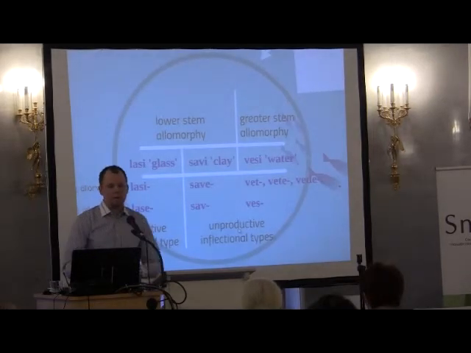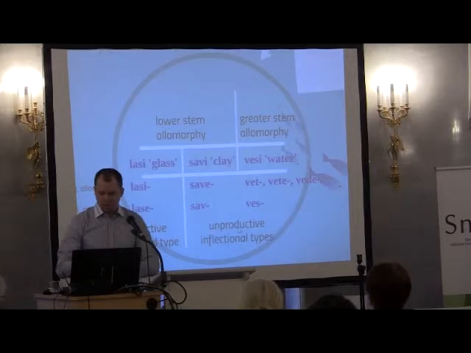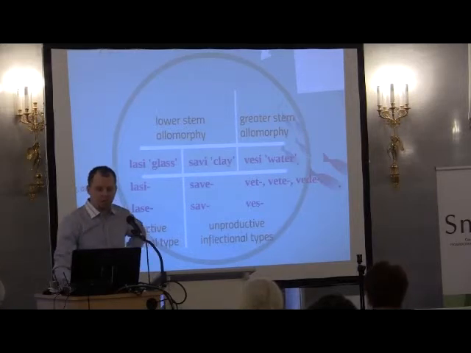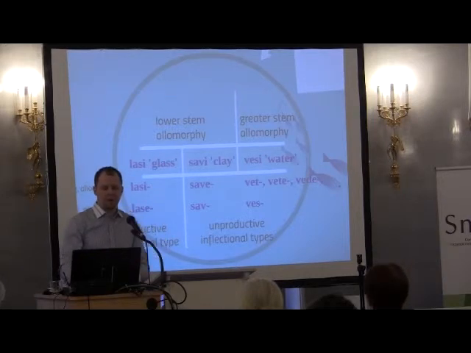Okay, but our second experiment is about what if we add a new paradigm, which in terms of number of stem allomorphs is the same as the productive Lassie-Glass paradigm. We already know that. But in terms of productivity, it is completely unproductive. So it is the same as the Vesey paradigm.